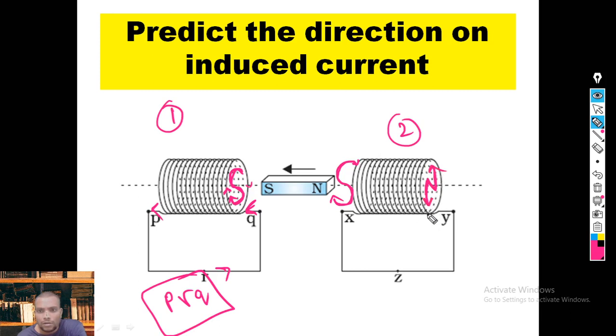Now if you take the same direction of current here, the last string is touching here. If you draw the arrow marks like this, now I got it. The current is flowing from Y to Z and Z to X. So that is the direction of current in the second coil.